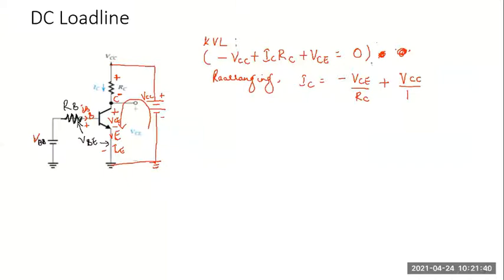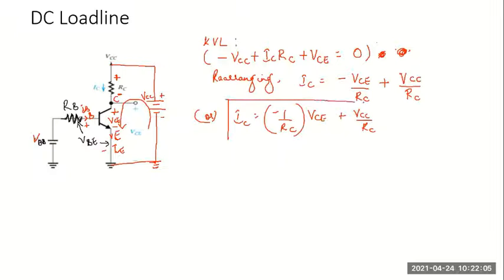Positive to negative plus VCE is 0. So what is IC here? When I shift this to the other side, minus VCE by RC plus VCC by RC. Or I can write this as minus 1 by RC into VCE plus VCC by RC.